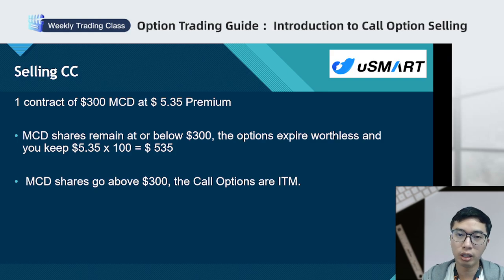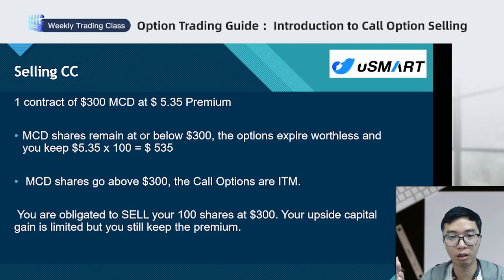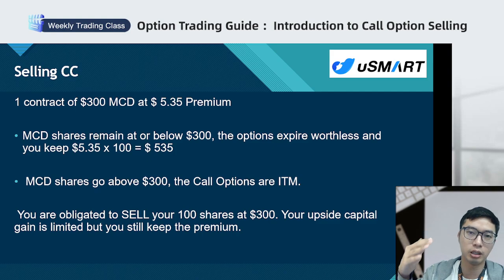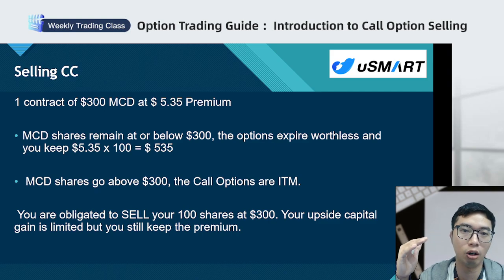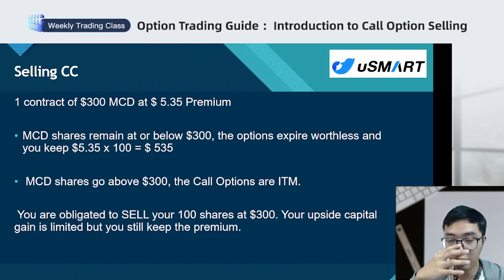If it's in the money, we have to sell when it expires. We are obligated to sell our 100 shares at $300, and our capital gain is limited since we kept it at $300. But we earn the premium.